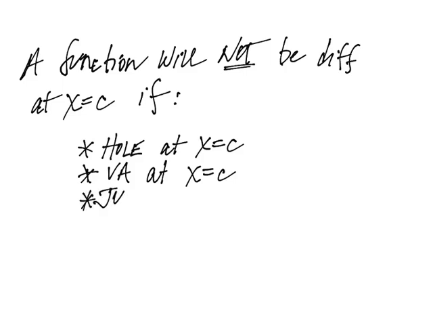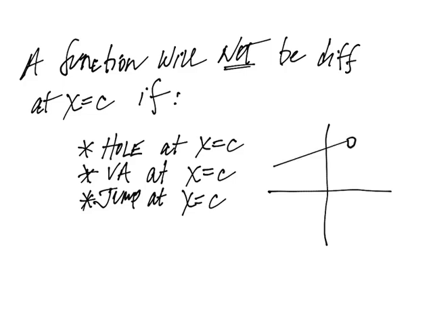Thirdly, any sort of jump in the graph would also make it either impossible to draw a tangent line at that value of x, or would enable you to draw multiple tangent lines at that value of x. So for instance, here's a jump in a graph. Let's say that both of these are open circles, and here is my value of c.